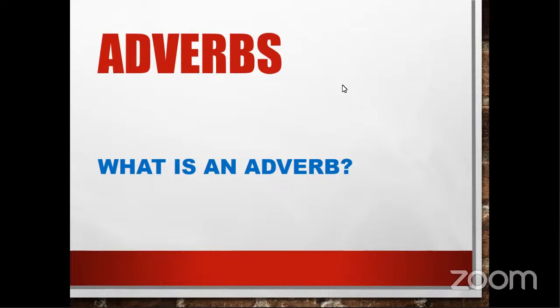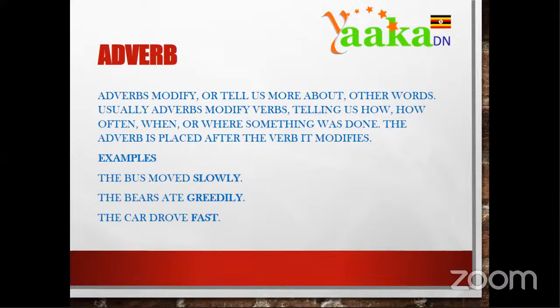Okay. An adverb modifies or tells us more about other words. Usually, adverbs modify verbs. They tell us how, how often, when, and where something was done. The adverb is placed after the verb it modifies.